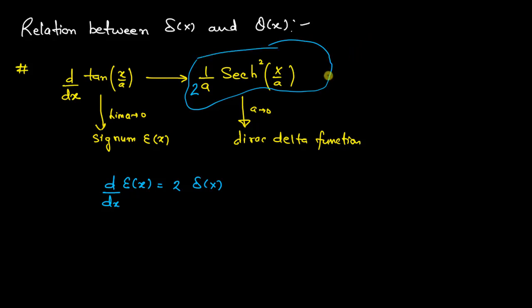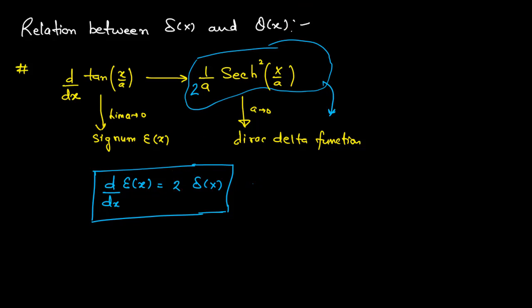This 2 will cancel out and the differentiation will be exact. So this is the relation between the signum function and the delta function: the derivative of the signum function will represent 2 times the Dirac delta function. This is one particular expression or relation.